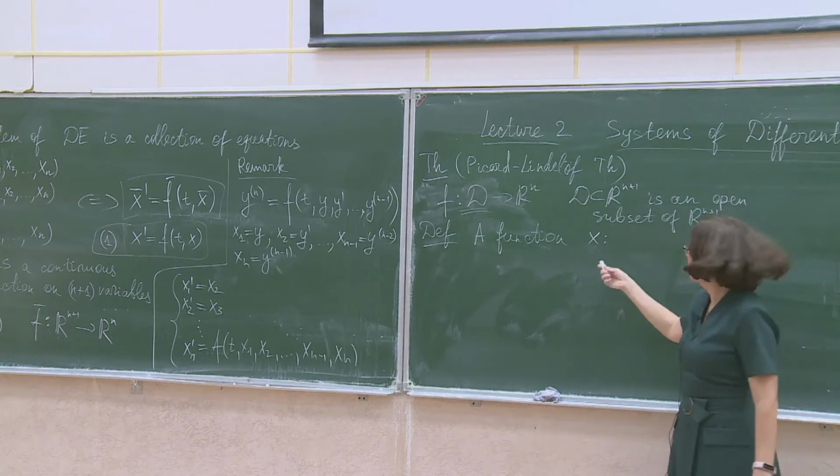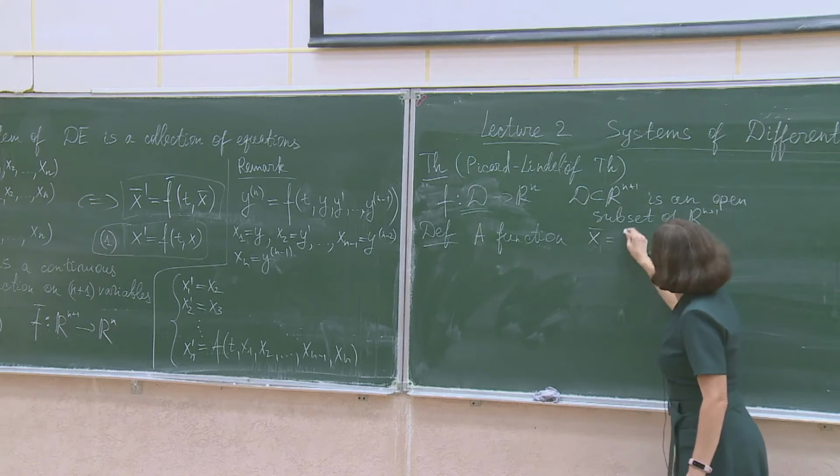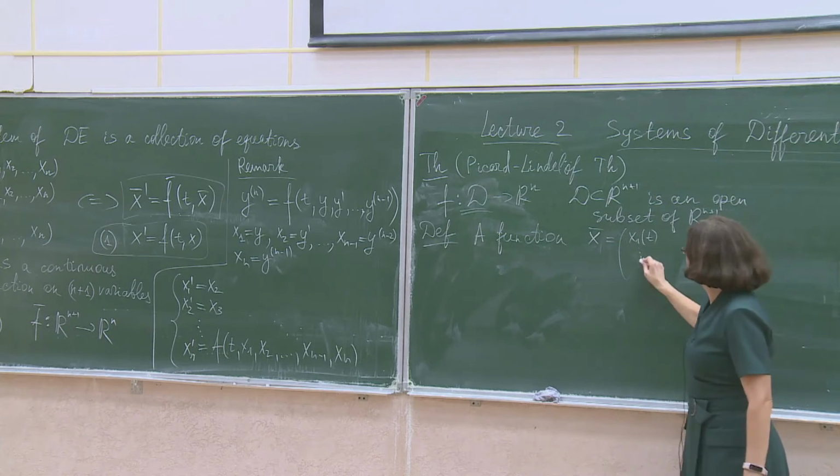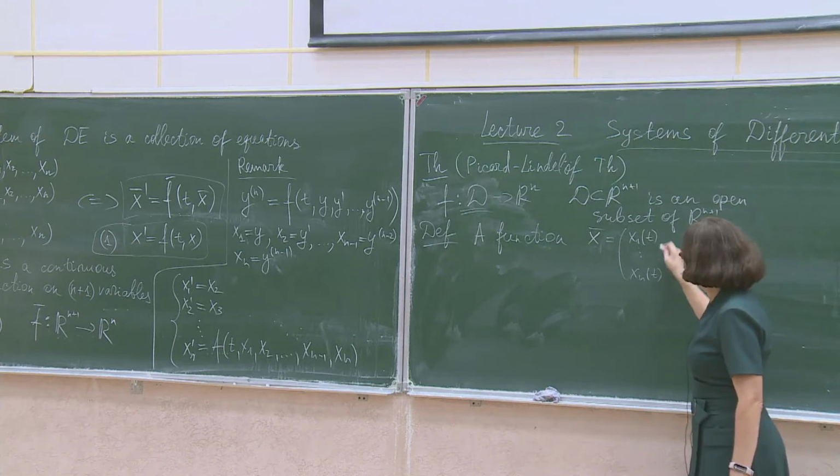It is a vector x1 depending on t, dot, dot, dot, xn depending on t.